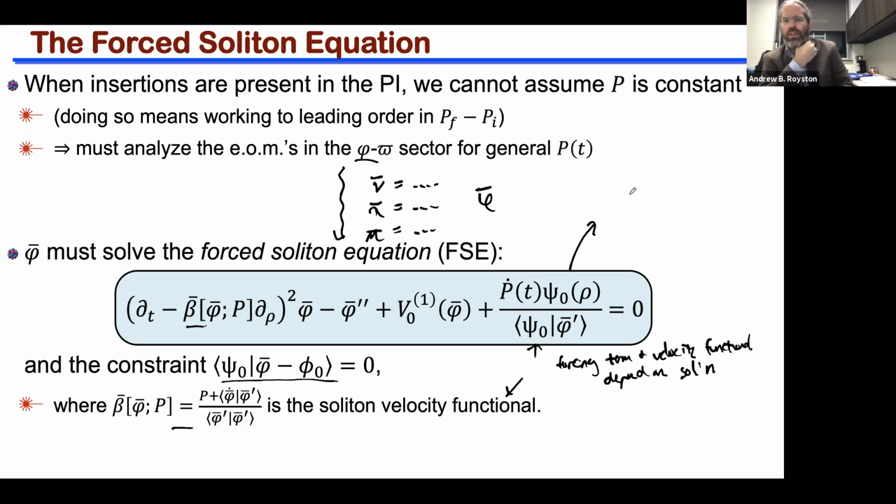If you think of the left-hand side of this equation as a map from phi bar into the space of functions on the real line, then the image of the left-hand side actually lies in the orthogonal complement of the span of the derivative. So in other words, there's one degree of freedom which is not determined by this equation, and that would be fixed here.